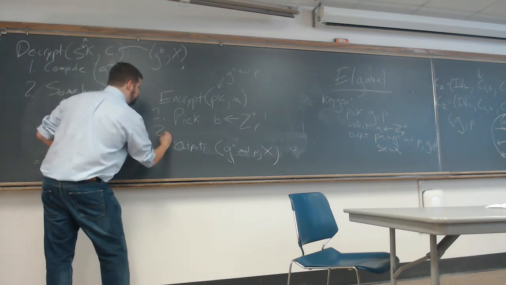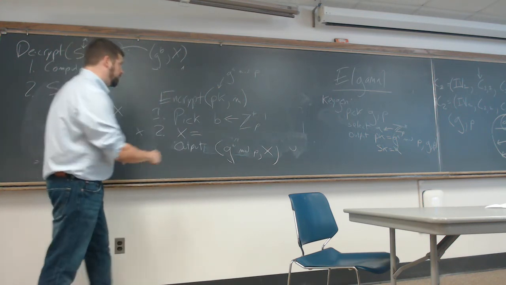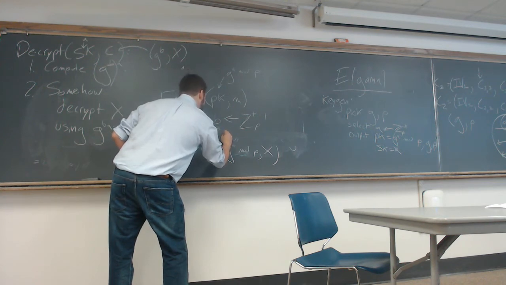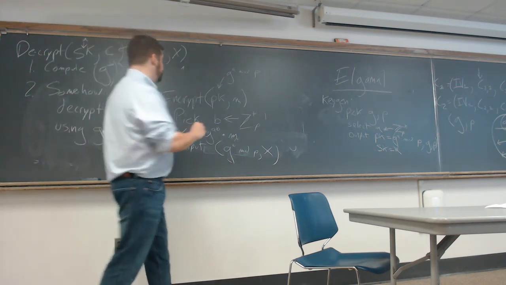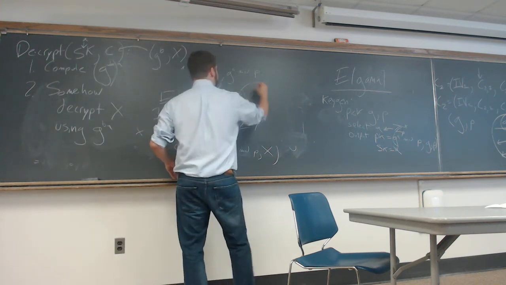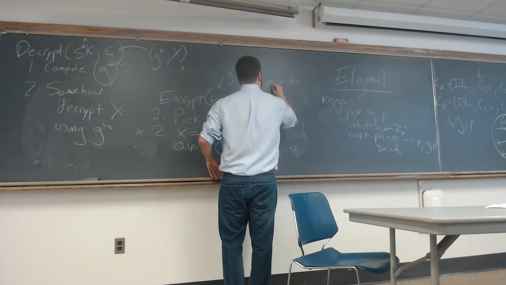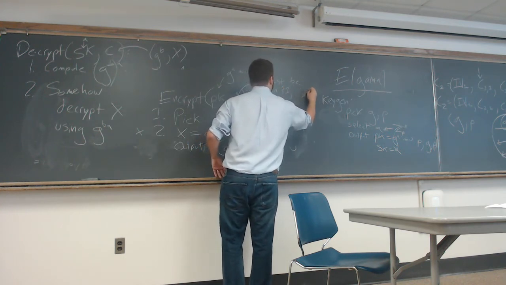What you can do is compute X equal to G to the AB times the message, if you make the restriction that this message must be in the set 1 to P minus 1.